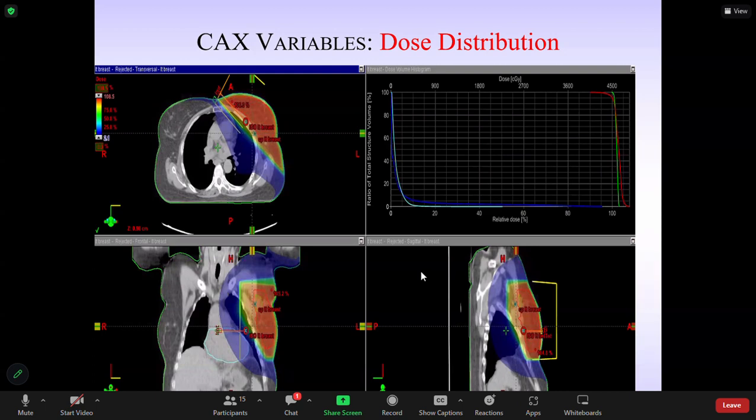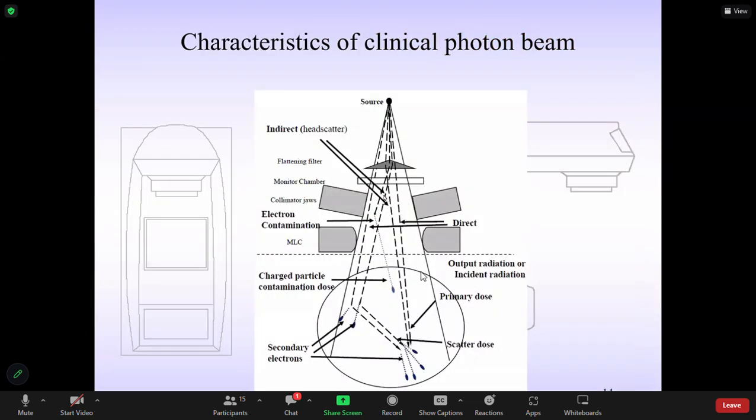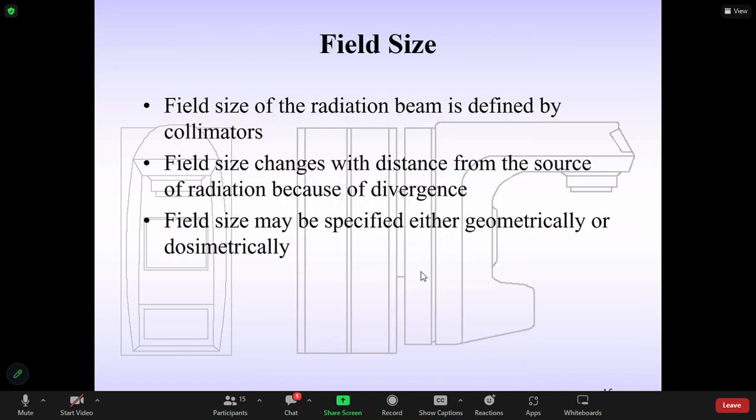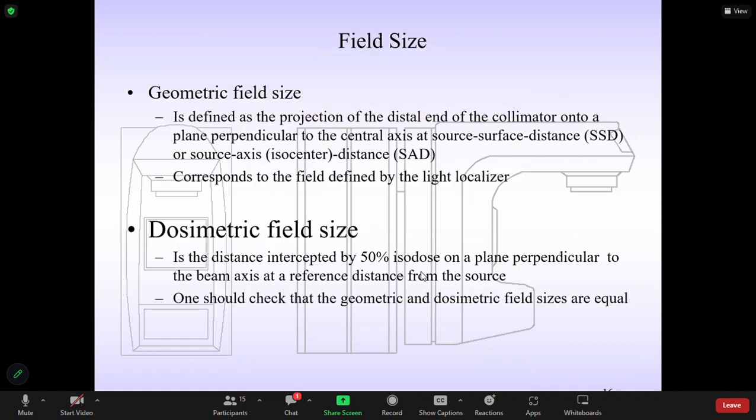Each linac has a light bulb. This light will be showing the shape on the human body, which has to be covering the area that we're treating. Okay, so that's how they know.